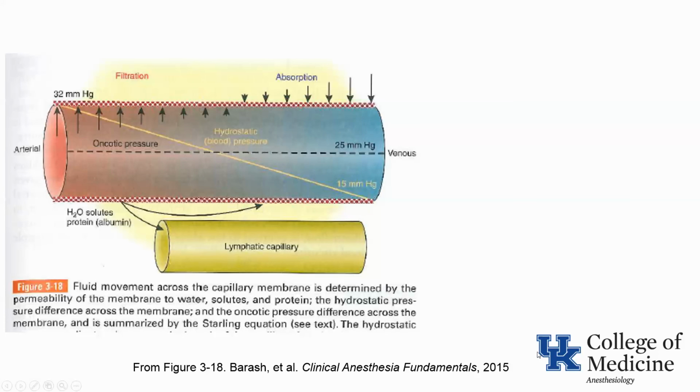This is a classic diagram from the latest edition of Barash's Clinical Anesthesia Fundamentals, illustrating the Starling hypothesis, suggesting that in the proximal portion of the capillary, the hydrostatic pressure exceeds oncotic, and so there's flow out of the vessel into the periphery, whereas at the distal end the reverse occurs.